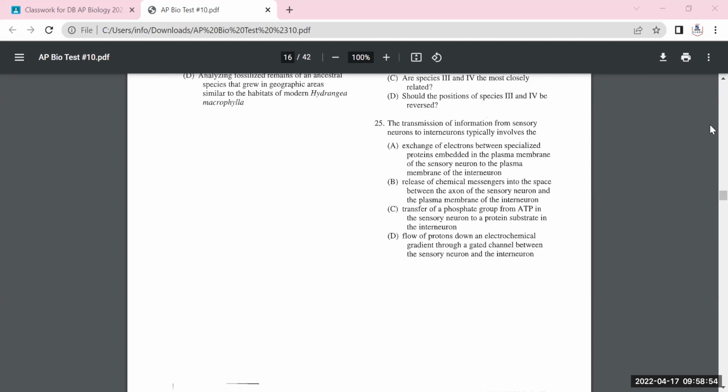Yes. Transfer of a phosphate group from ATP to the sensory neuron. No. Flow of protons down an electrochemical gradient through a gated channel between the sensory neuron and the interneuron. I'm not sure.